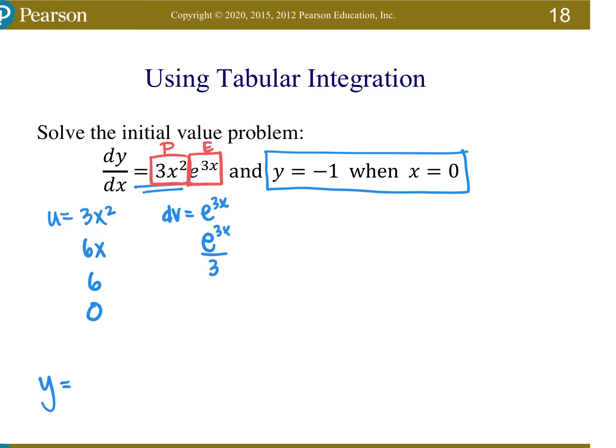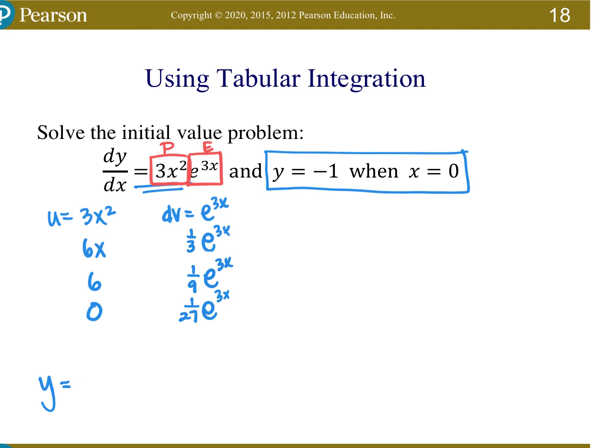But I'm going to write that as multiplied by 1/3 instead. Okay, I'm going to put 1/3 in front. And then another e to the 3x, and then divide by 3 again, so that will be 1/9. And then one more e to the 3x divided by 3 again, which will be 1/27.